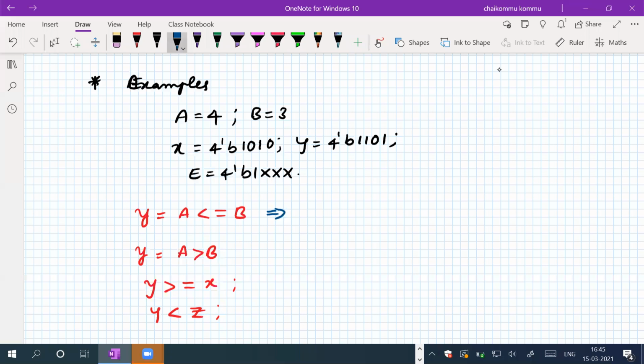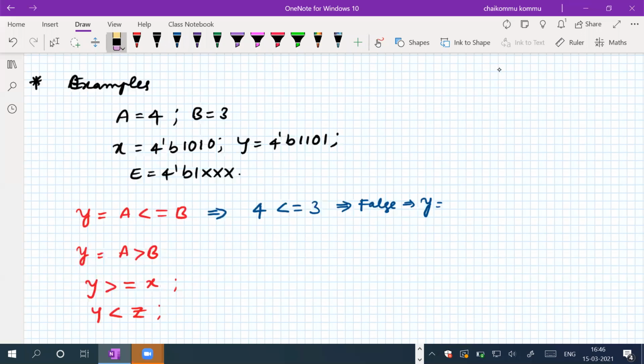False. Therefore Y is assigned logic 0. Whenever we talk about comparison, the result is a single bit of data. That is what you should remember.